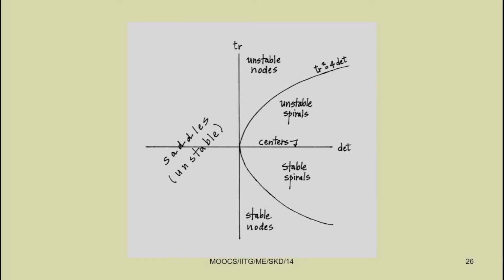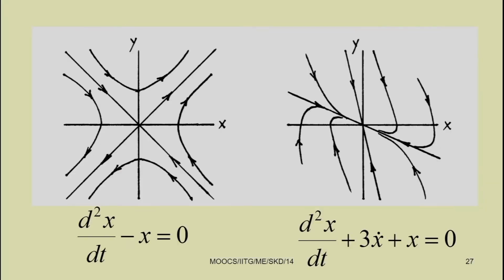If the real part of the eigenvalue becomes negative, we can also see unstable nodes, unstable spirals, center and stable spiral, stable nodes. Slowly we will understand all these terminologies while we are discussing different types of response of the system.